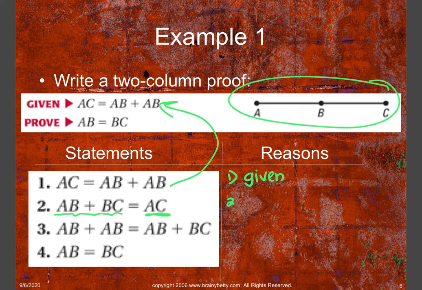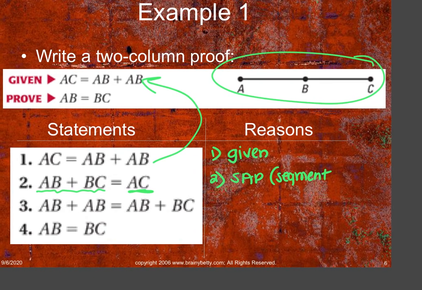Segment addition postulate. Anytime that you're going from a diagram and you're saying that a segment is equal to the sum of its parts, it's segment addition postulate. So the challenge here is that now your book is saying not only do you learn what's in this section in this chapter, but everything that comes before this, you have to remember, okay? That's one of the big challenges of geometry.